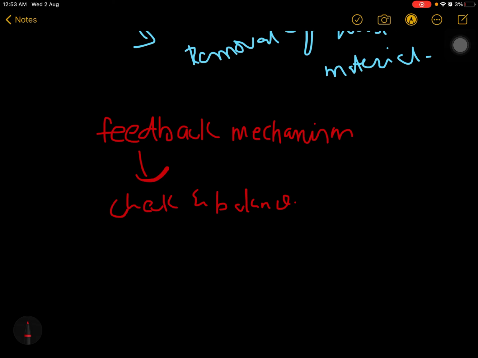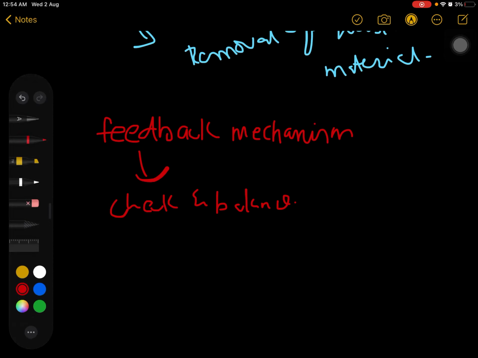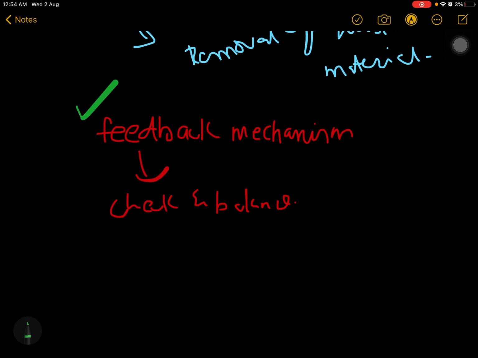So there must be certain systems in your body which can detect that the body is getting hotter from time to time. There must be a check and balance, like there is a class teacher in every class to maintain discipline. In our body, we have this feedback mechanism.